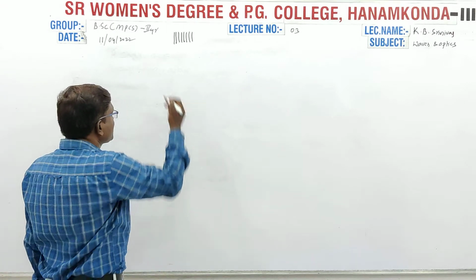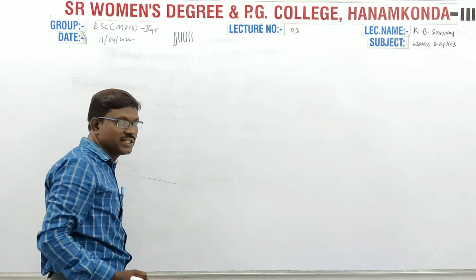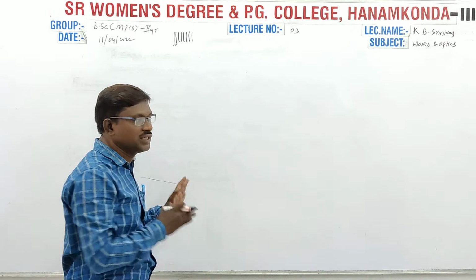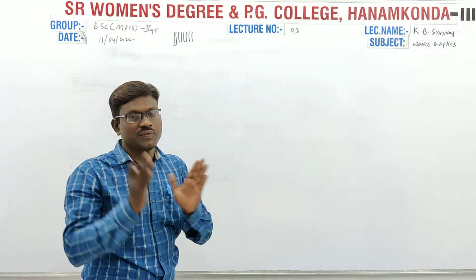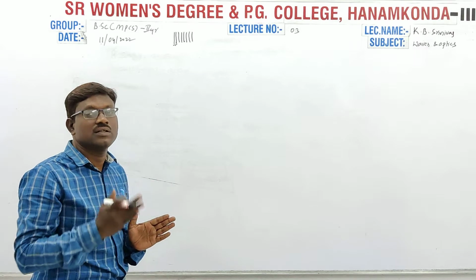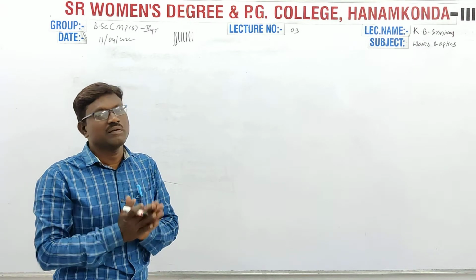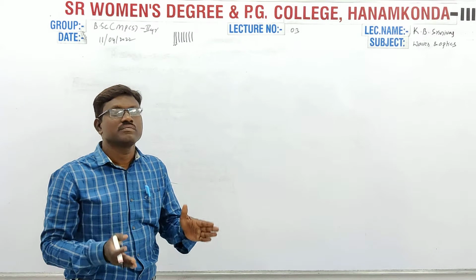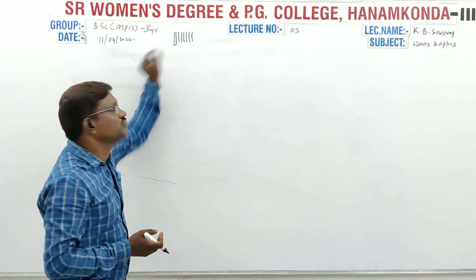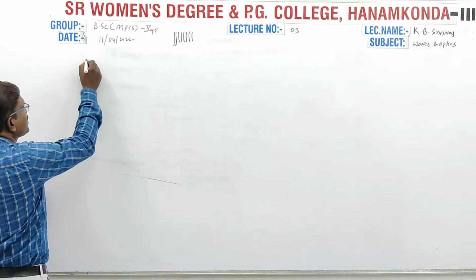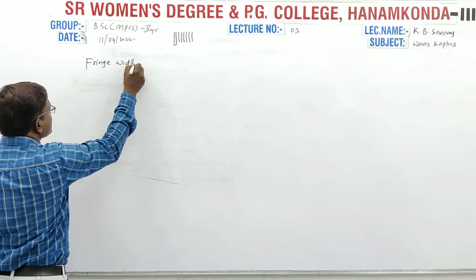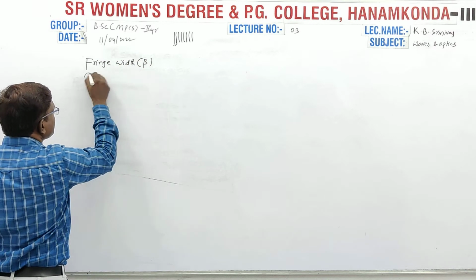Here I am going to derive the formula for fringe width, that is beta. This is a continuation of Young's double slit experiment; by using it we can calculate this fringe width. So our next topic is fringe width, represented by beta.